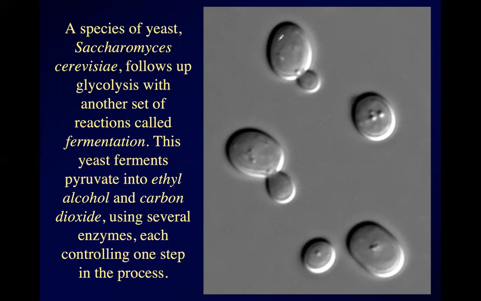And when you ferment pyruvate, the yeast converts it and gets a little energy for its metabolism out of it. The yeast converts pyruvate into ethyl alcohol, the stuff in alcoholic beverages, and carbon dioxide. And fermentation is another one of these multi-step processes that requires an enzyme for every step.